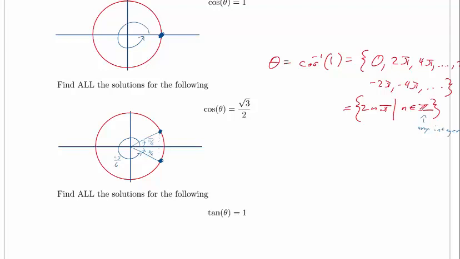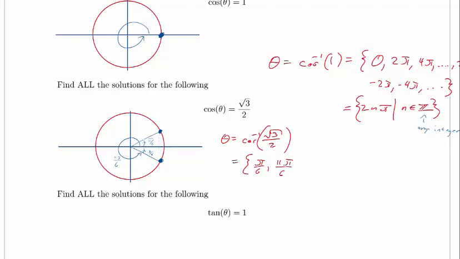So when we set this up for theta, theta equals the inverse cosine of square root of 3 over 2. Within one revolution, we have two answers. We have pi over 6, and we have 11 pi over 6.